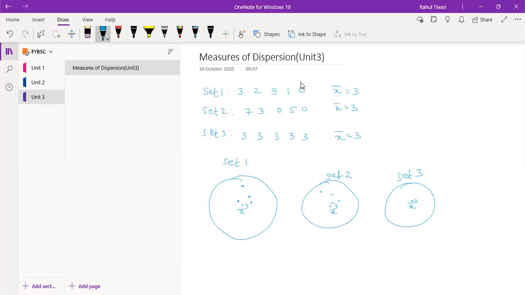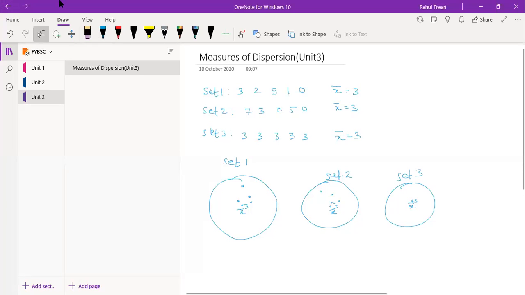Consistency is very less, so the variability is very high. That means your data is not appropriate for further analysis. So this is all basics about how these dispersions are useful.